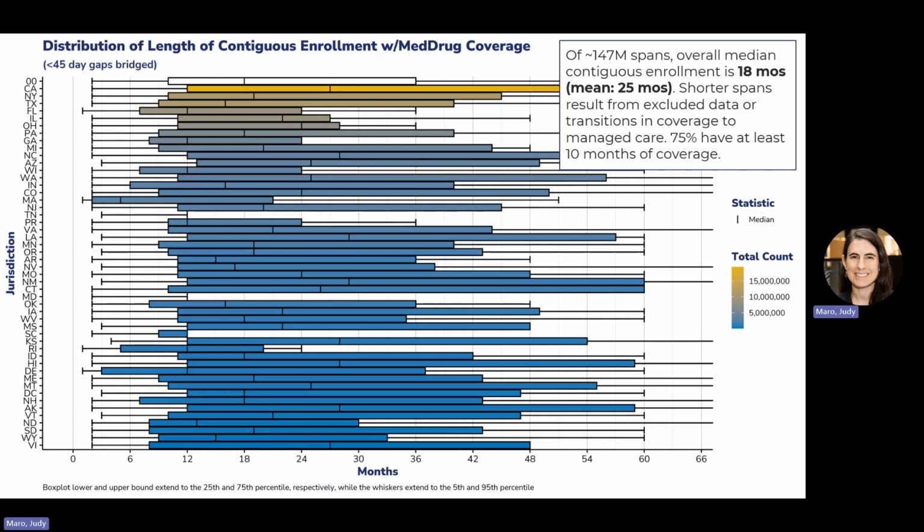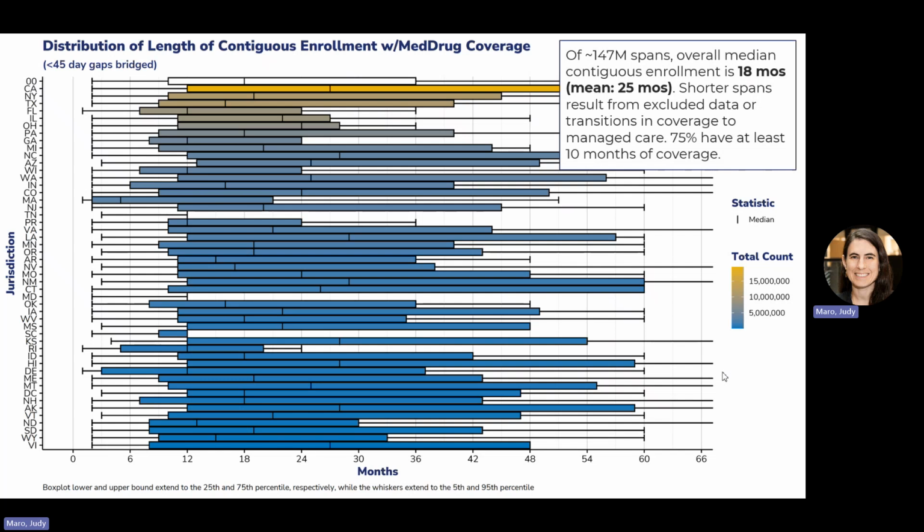And so here, when you look at this, there's quite a bit of heterogeneity in your interquartile range. But of the 147 million enrollment spans that are included, overall median contiguous enrollment is 18 months. And there is a mean of 25 months, which is created from a couple of jurisdictions that contribute particularly long enrollment spans.